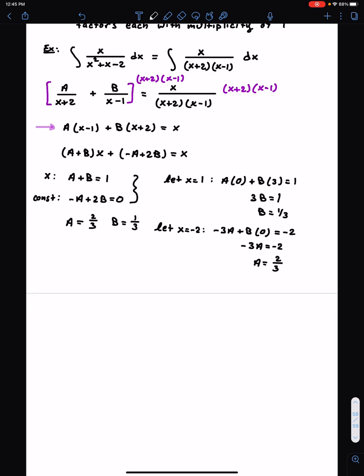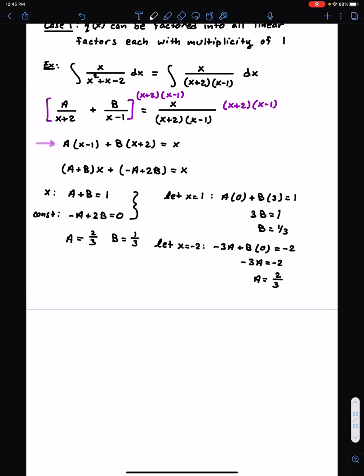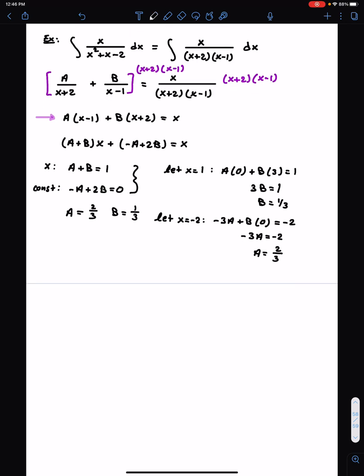So either technique works. So I found my coefficients, a and b. I'm going to plug those back into this form, since this can be written as the sum of these two fractions, or known as partial fraction decomposition.